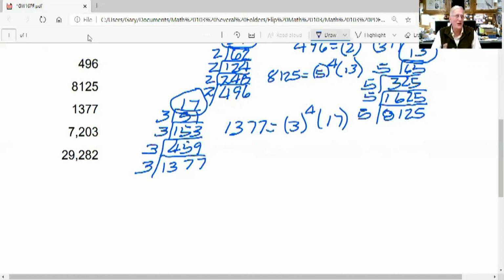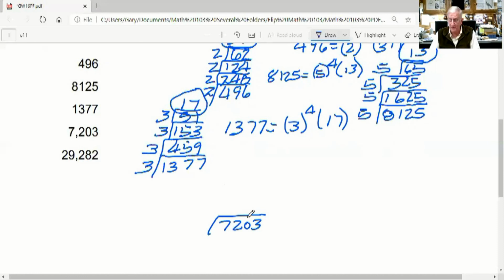Now, it looks like these are getting a little harder, right? So let's see how 7203 fits us, or how we can do with that. All right, so I'm going to write down 7203 here. Now, unfortunately, 7203 is not divisible. Oh, wait a minute.